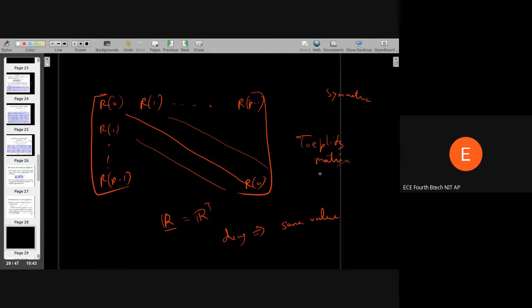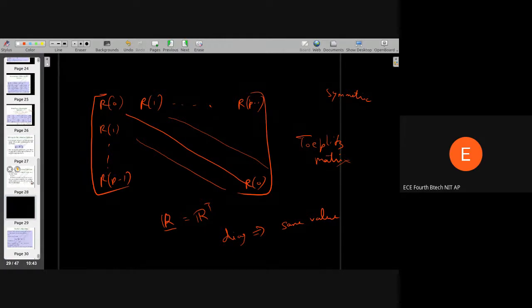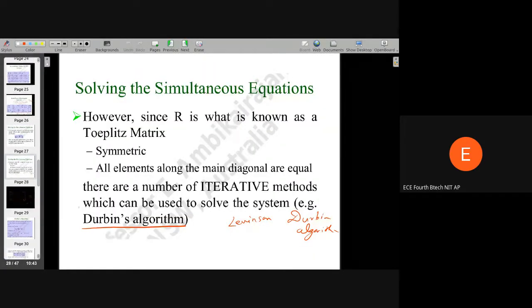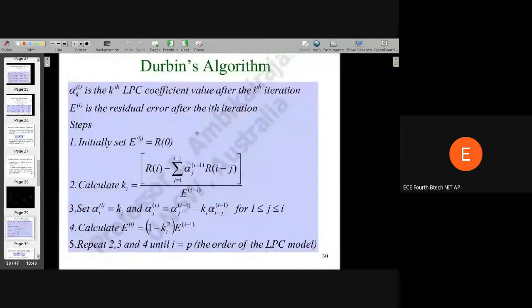Because of this particular structure, you can develop some techniques to find solutions without taking the inverse. One of those ways is this Levinson Durbin algorithm. So let's see now how to use it.